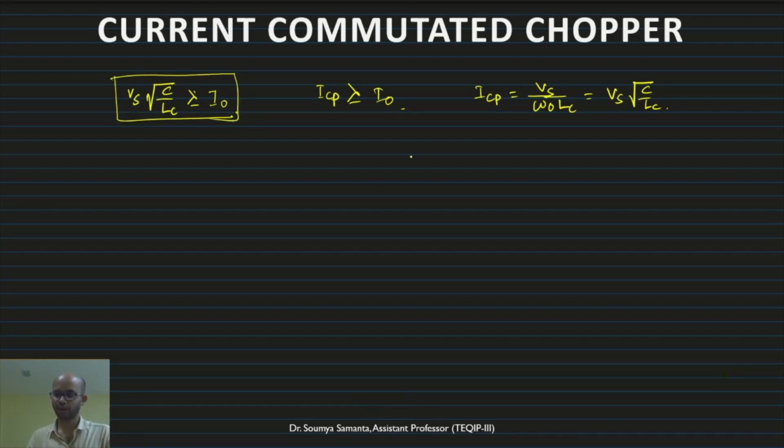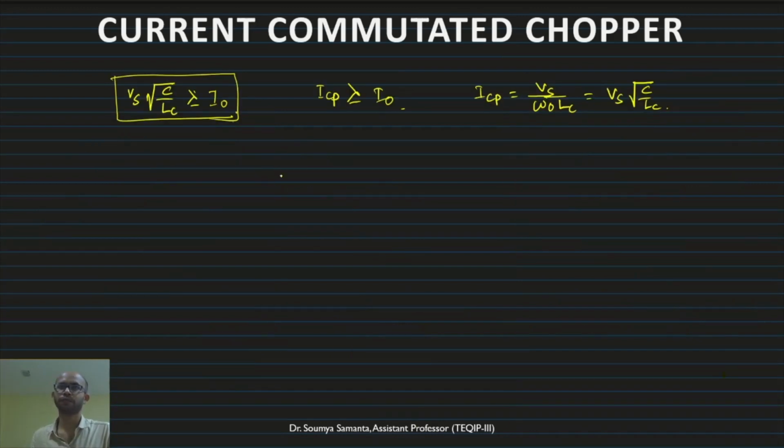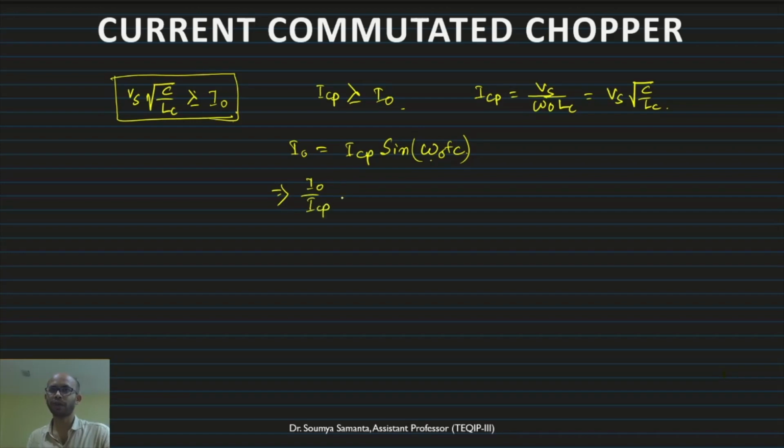Next, there's one expression we have found, that is I naught equals ICP sine of omega naught Tc. If I find the Tc here, this will be I naught by ICP, which equals sine of omega naught Tc.